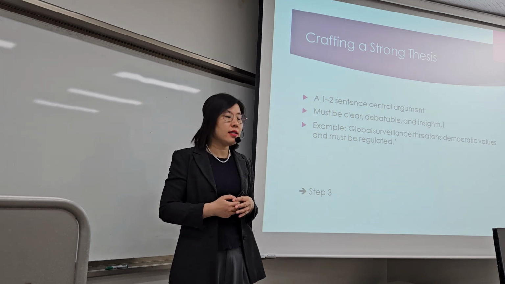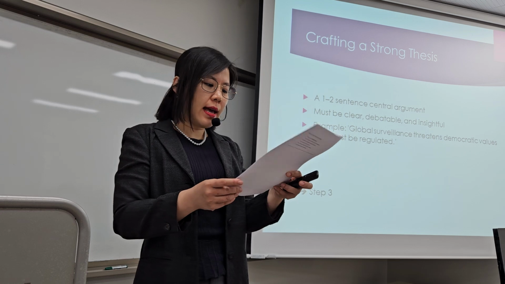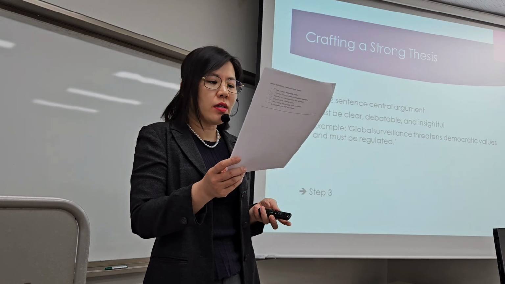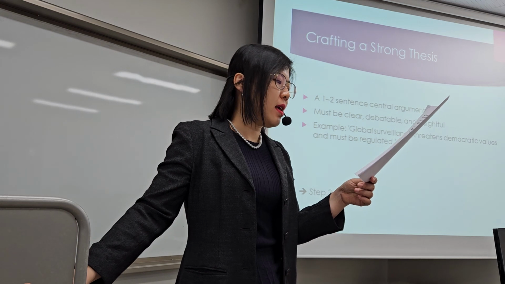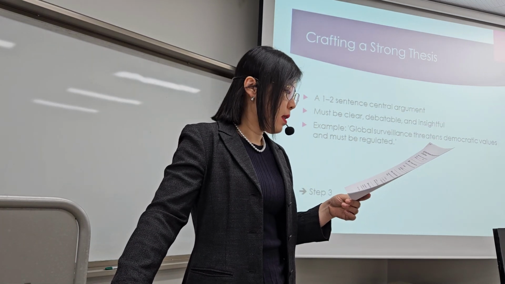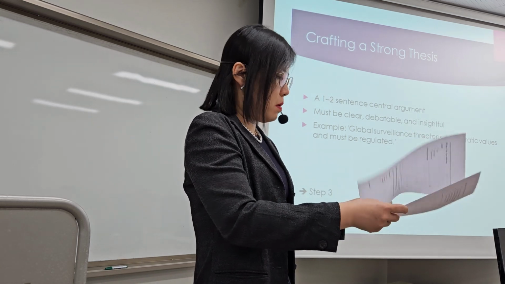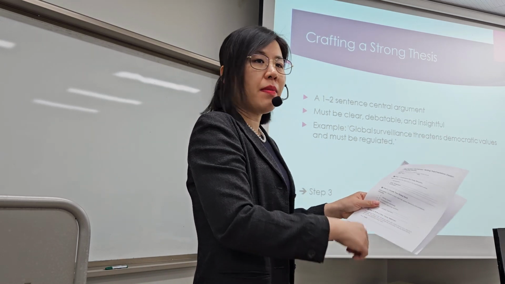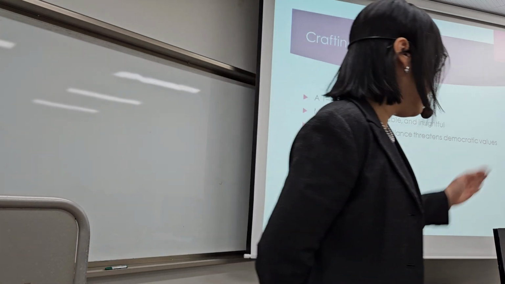All right, so let's go to step 3. It says write a one sentence thesis statement, or you can write even 2 sentences, that clearly states your argument. I gave you one line, but you can write 2 or 3 lines underneath.